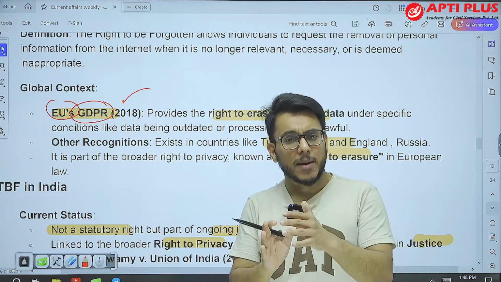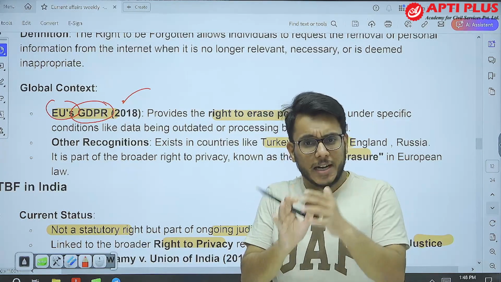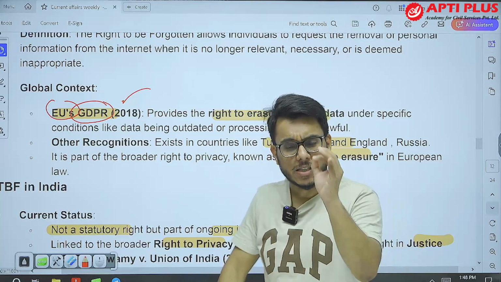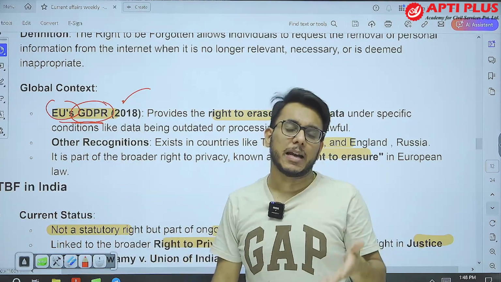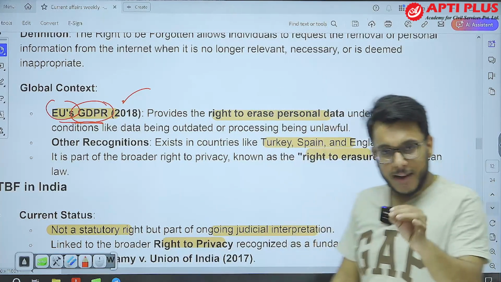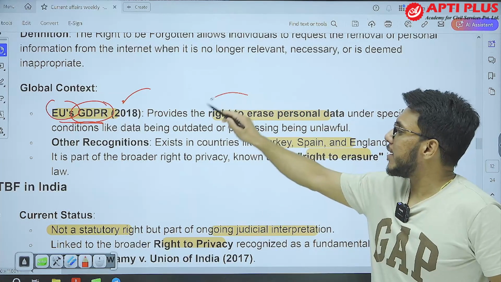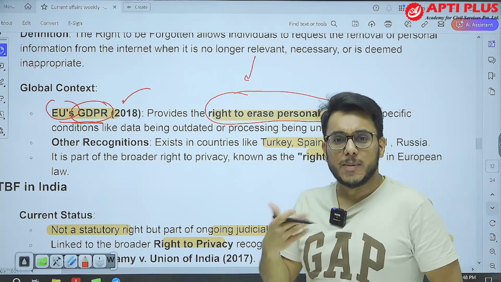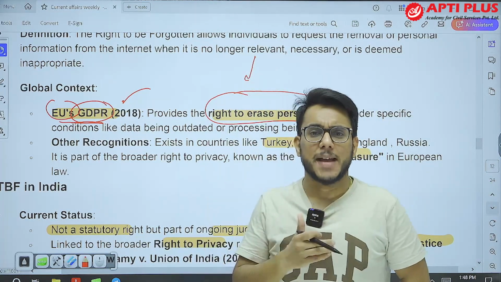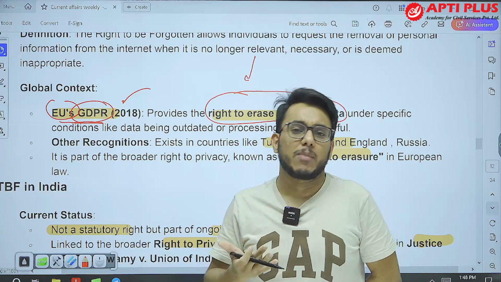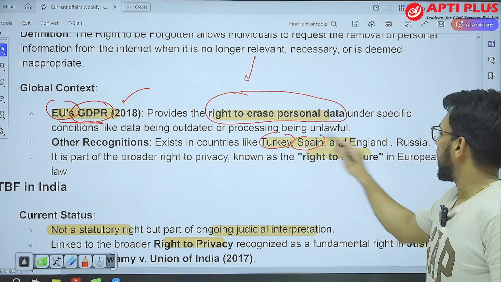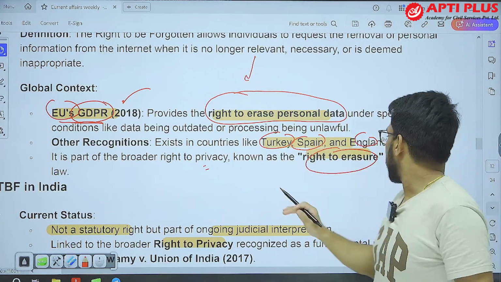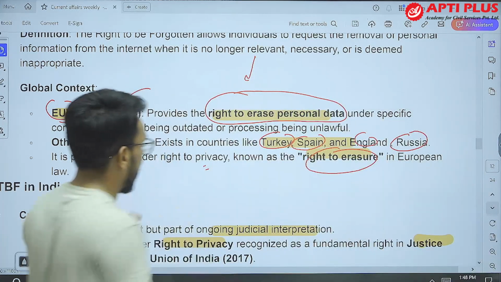Whenever data privacy or the rights of citizens in the advent of digital platforms is concerned, you will always find the European Union's GDPR named. The GDPR has provided the right to erasure of personal data under some specific conditions. It has not provided a blanket absolute right. Also, there are some other countries, for example Turkey, Spain, England, Russia, which as part of the right to privacy also provide the right to erasure, in a limited capacity.